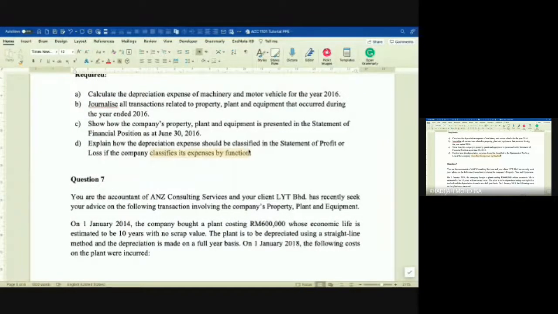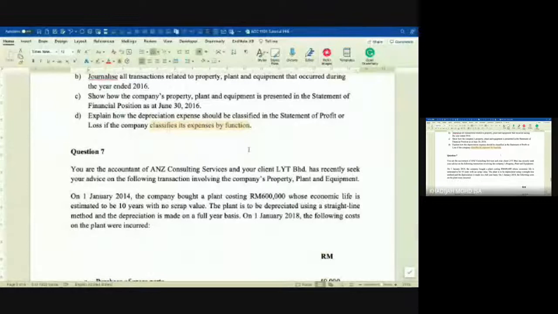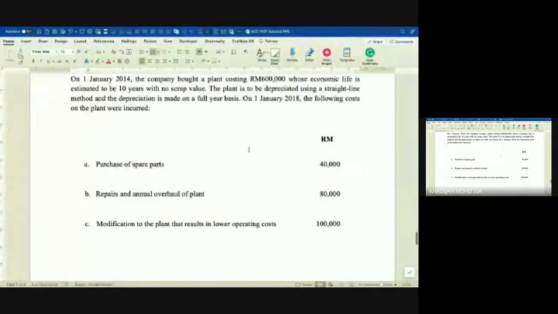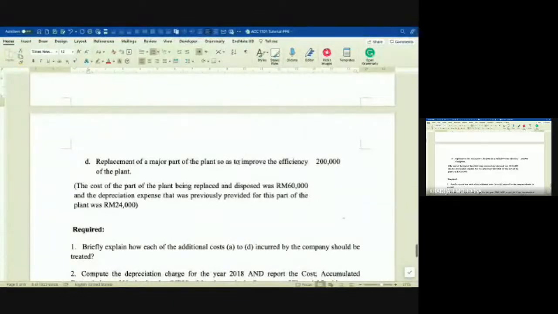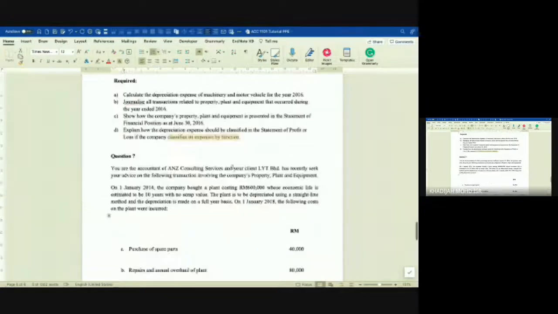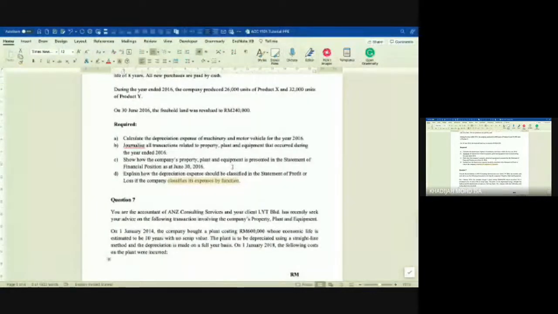When you classify expenses by function, whether it's a distribution, administration cost, or cost of sales, you have to explain how you are going to classify depending on the usage lah. Okay. So this is similar. I think that this one is more on the unit of production. Similar. Yeah. So please do question number 6 and 7 as well.